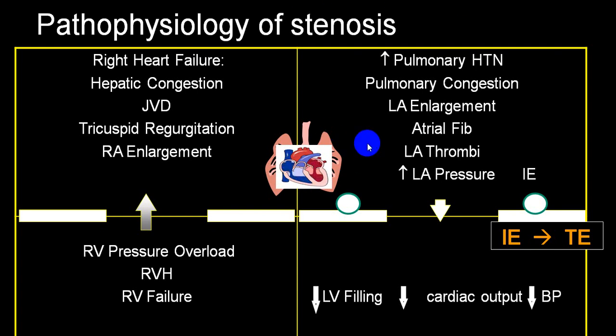But if there is a dislodgement from the LA thrombus, it is non-infective material, it will produce plain, simple thromboembolic phenomena into the systemic circulation, and there will be no infective pathophysiology in that embolism.